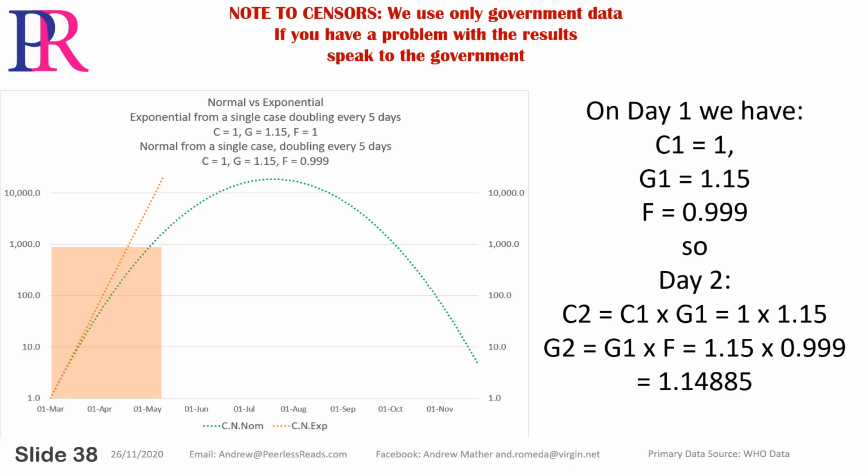On day 1 we have C1 equals 1, G1 equals 1.15, F equals 0.999. So day 2, C2 equals C1 times G1 equals 1 times 1.15. G2 equals G1 times F equals 1.15 times 0.999, which comes out at 1.14885.